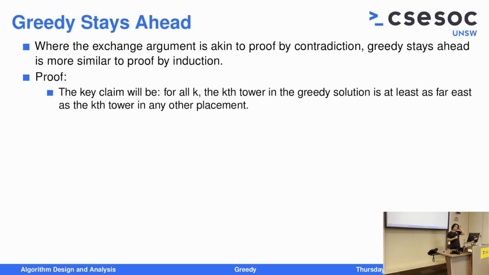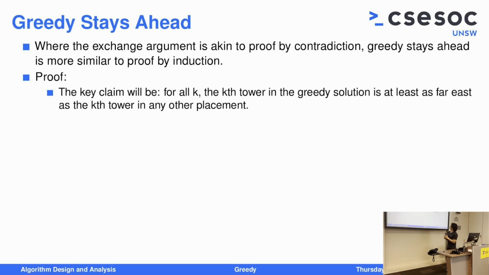Where the exchange argument is akin to a proof by contradiction, greedy stays ahead is more similar to proof by deduction. So here's our proof. The claim will be that for all k, the kth tower in the greedy solution is at least as far as the kth tower in any other placement. This claim will prove our thing, but we'll get to that.